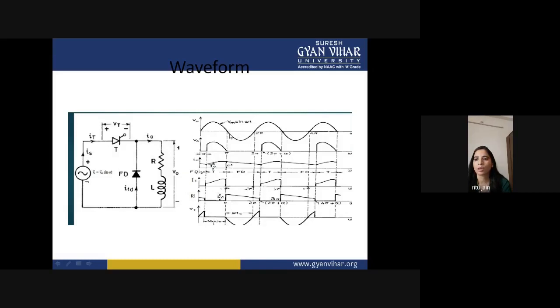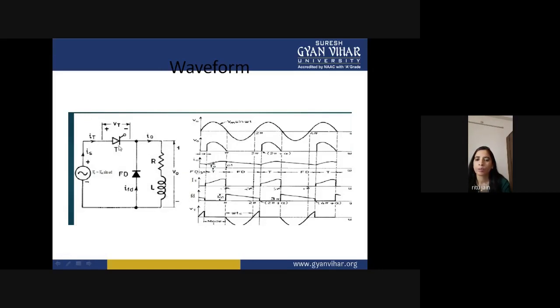Now we come to the next negative half cycle. So you can see over here in the load, the inductor is connected, and the property of an inductor is that it always opposes the change of current. Okay. So in this positive cycle, the inductor was storing the energy.